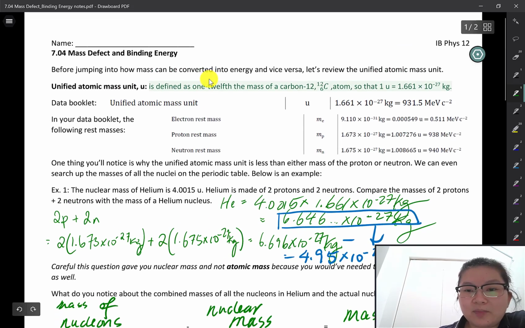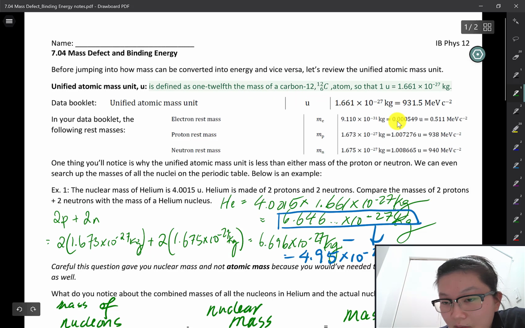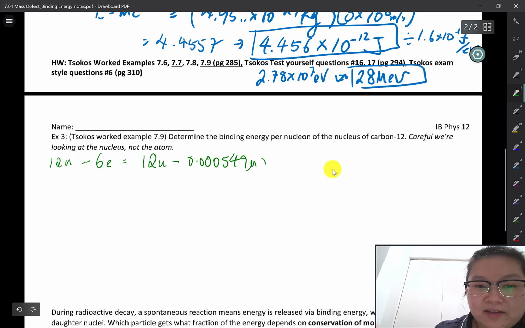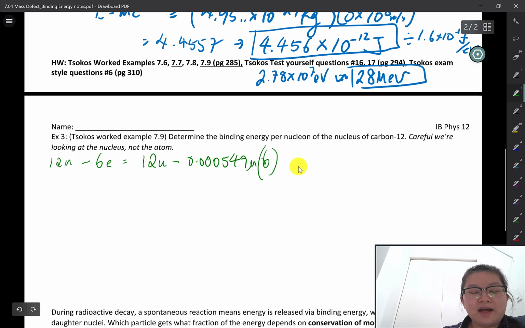And if we take a look up here, an electron is essentially 0.00549 u, and we have 6 of them, so we're going to multiply this by 6. That's going to give us some number of u.